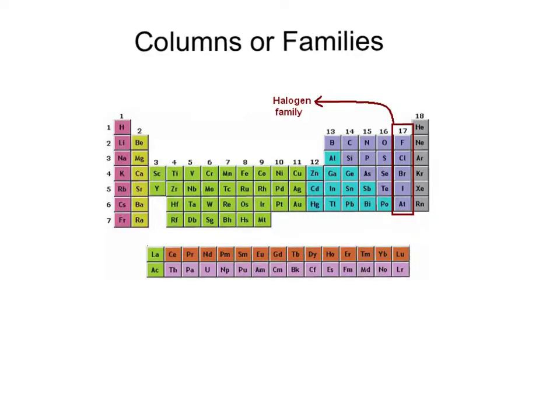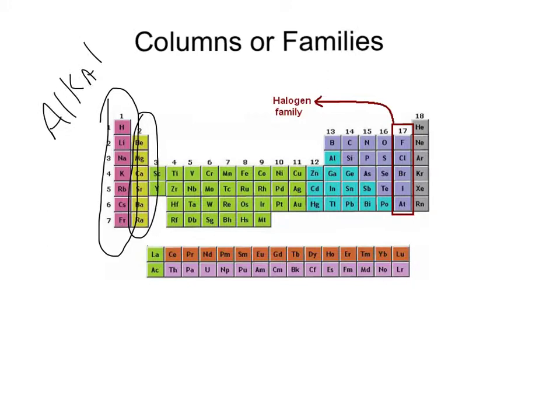Columns are known as families. Whenever we have a column, we usually have a name for it. Column 1 is known as the alkaline metals. Column 2 is known as the alkaline earth metals.